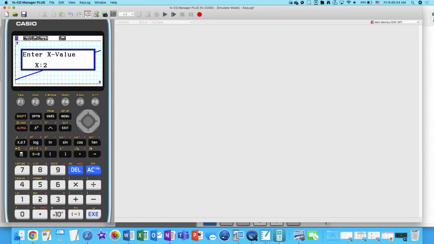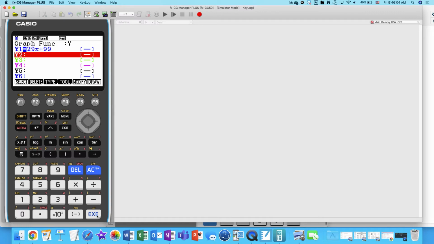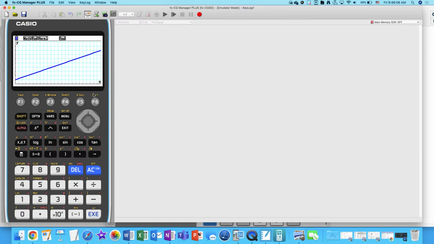Now, once I'm on the Casio, I'm going to go back to GSolve again, because the second part of the question asked what's the number of months for a particular cost, right? What was the cost? Yeah, so you can instead go to, what was it? Can't remember exactly what it's called.